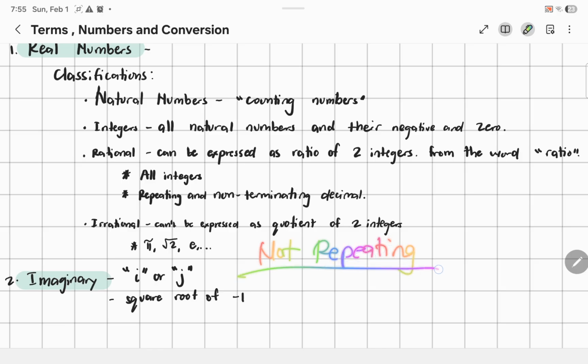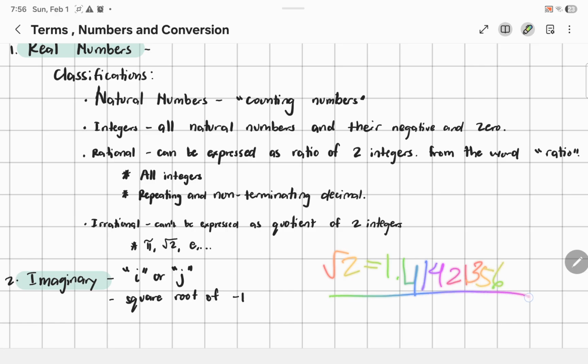So for example, we have pi as an example of an irrational number. We all know that pi is 3.14, 15 something, and so on. So this one is not repeating, right? So that classifies pi as an irrational number. Then the square root of 2 will be 1.41421356.